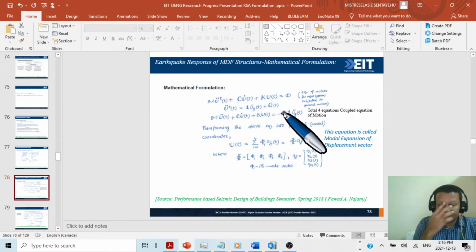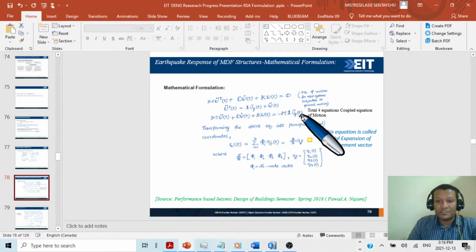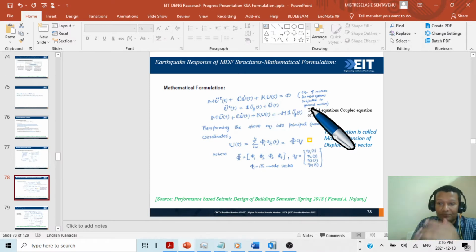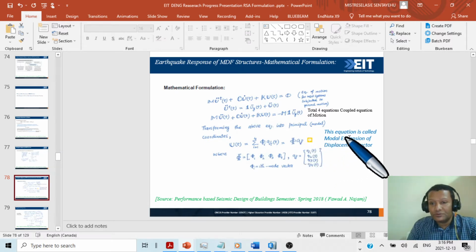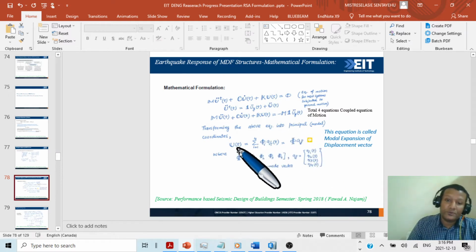But in response history analysis, we have to decouple it. So to decouple it, this is the equation we discuss now. We will change it into the q coordinate; this equation is called the modal expansion of the displacement function. After we bring it to the q coordinate, we will multiply by phi and take the equation back to u coordinates.